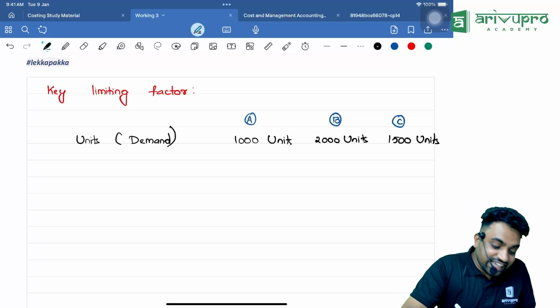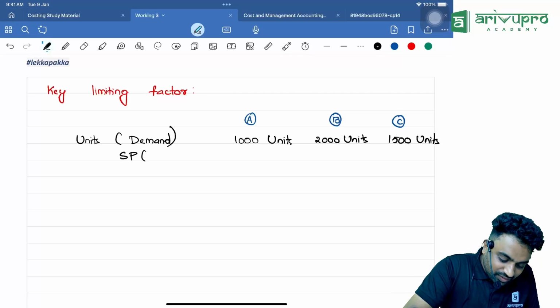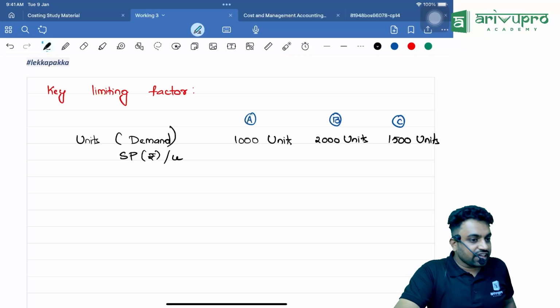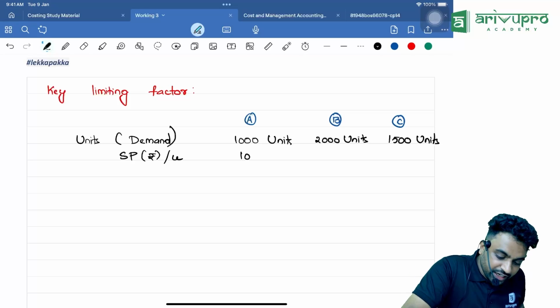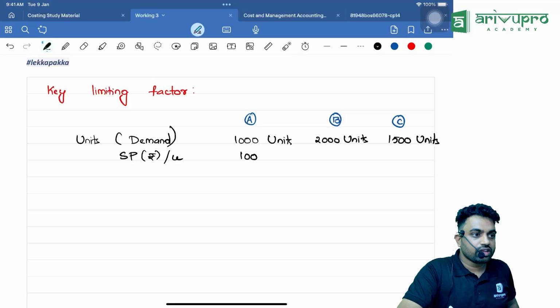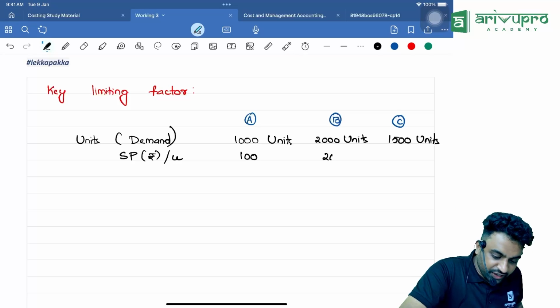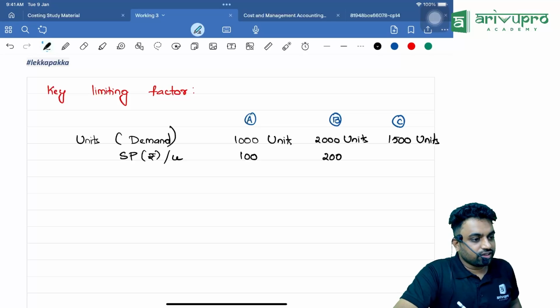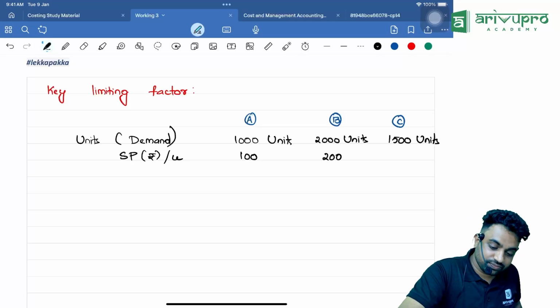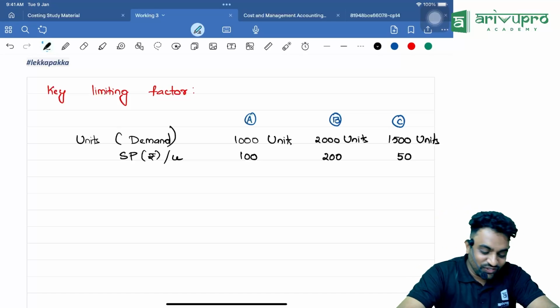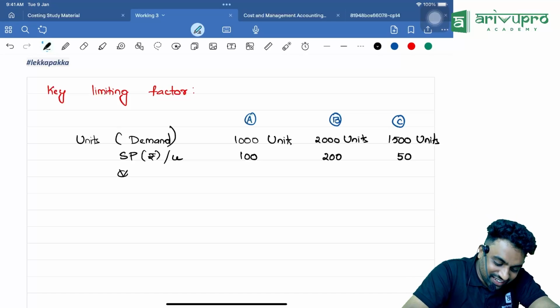Now, selling price per unit. Let's say A could be sold at 100 rupees. B could be sold at 200 rupees. C could be sold at 50 rupees. Now, variable cost.